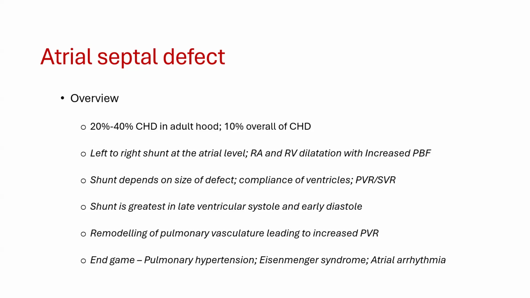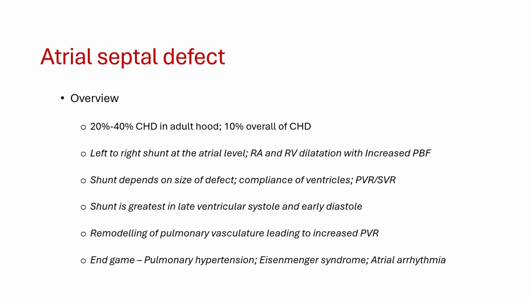So if the pulmonary vascular resistance remains lower than the systemic vascular resistance, then our left to right shunt lesion is established. But if along the line there's pulmonary hypertension and the pulmonary vascular resistance goes up and becomes more than the systemic vascular resistance, then we can end up with a reversal of the shunt.